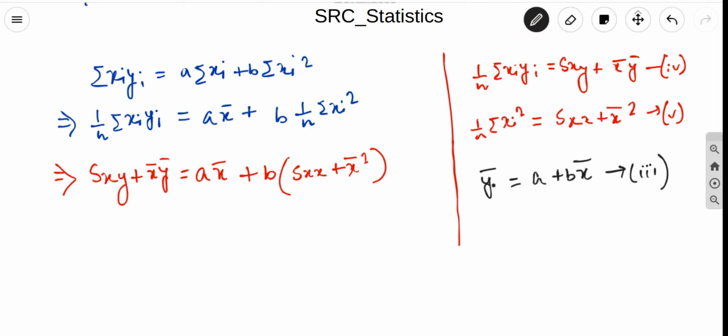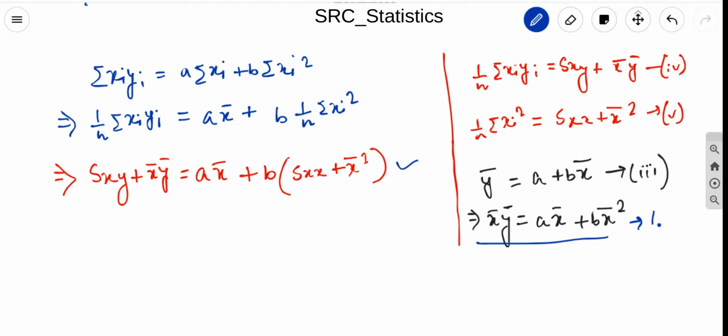Now you remember equation 3, y bar equal to a plus b x bar. In equation 3, we multiply both sides by x bar. So we get on the left side x bar y bar is equal to a x bar plus b x bar square. Now we subtract this equation from the previous equation.